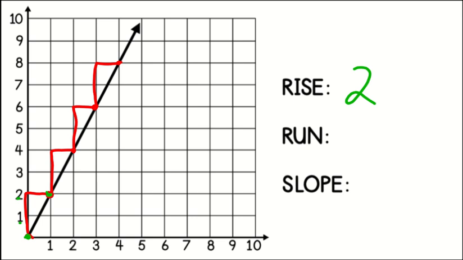Our run is the left and right, side to side. So from here to here, what's our run? 1. So rise is how much we go up. Run is how much we go over, okay? So rise is up, run is over.